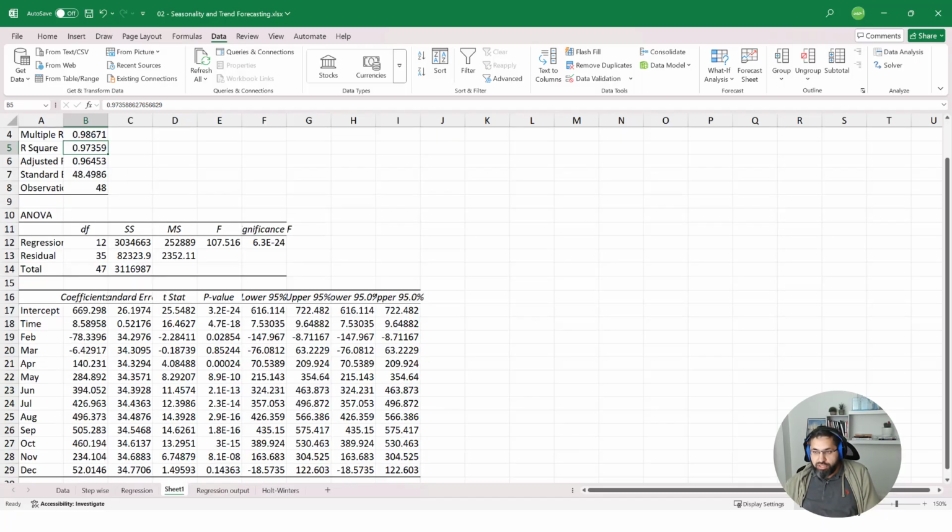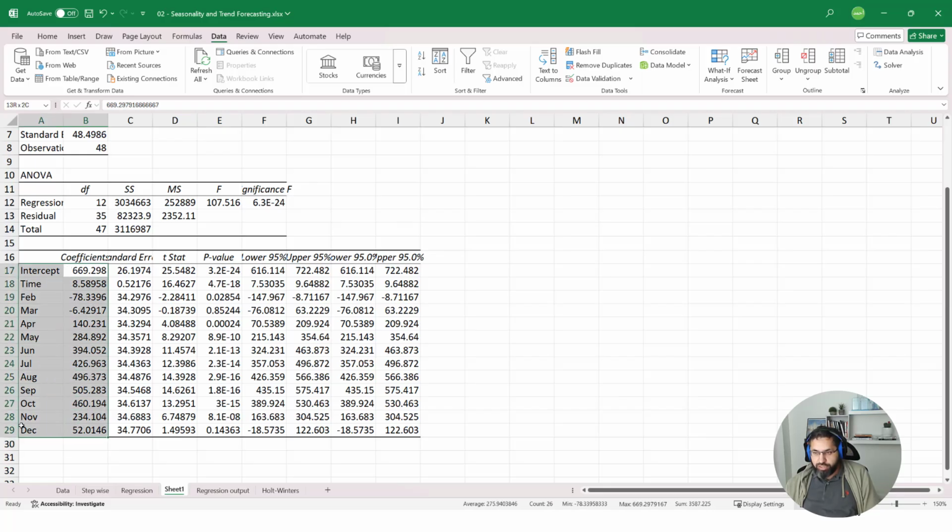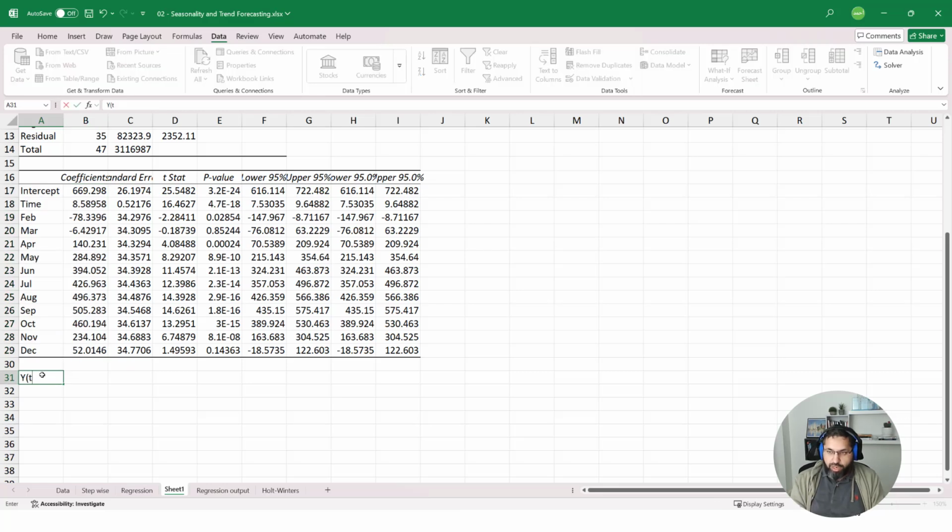So how do I use this regression equation to do my prediction? So the equation essentially is y of t equals b0 plus b1 times t, okay, plus b2 times Feb, plus b3 times March, and on and on until you get b12 times December.